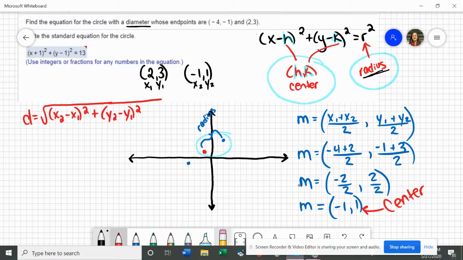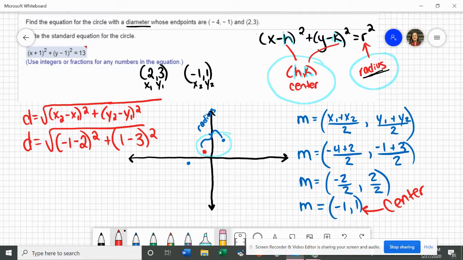All right, so let's just take what we have and plug in. So my distance is equal to the square root of my x sub 2, which I labeled as -1, minus my x sub 1, which is 2, all squared, plus my y sub 2, which is 1, minus my y sub 1, which is 3, all squared.